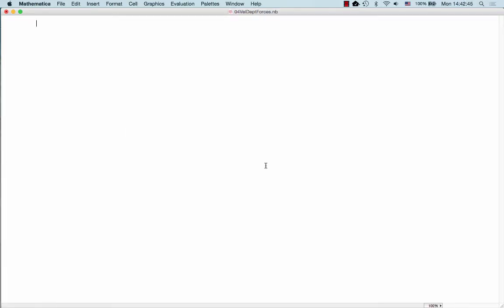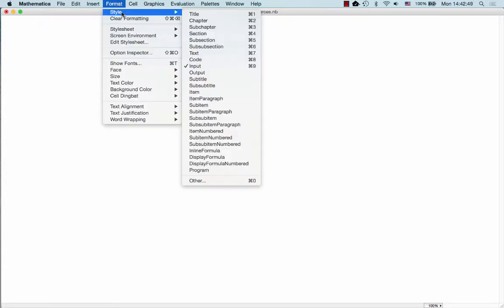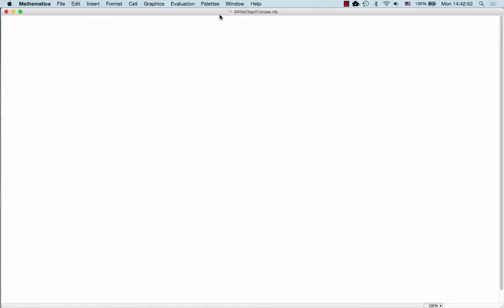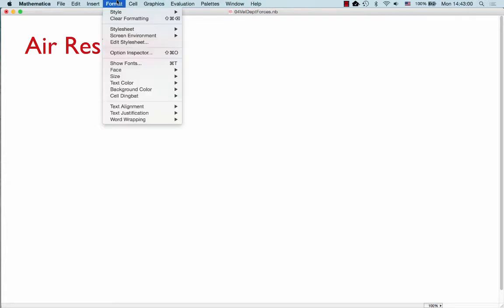So let me go ahead and work a few examples of this. So let's go ahead and look at air resistance. We're just going to imagine dropping a basketball here.